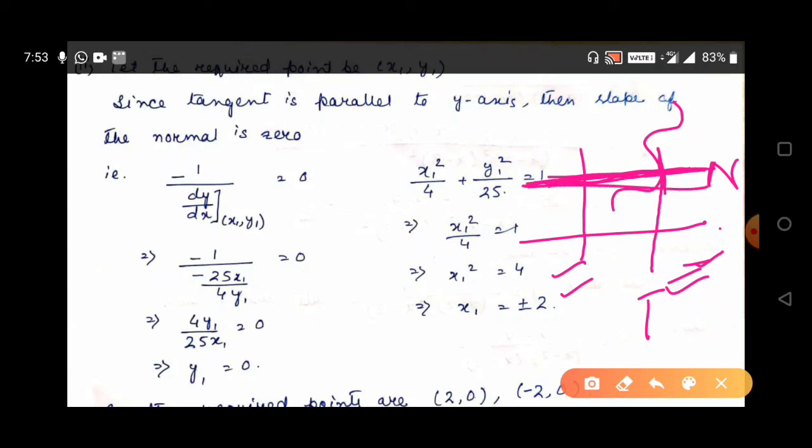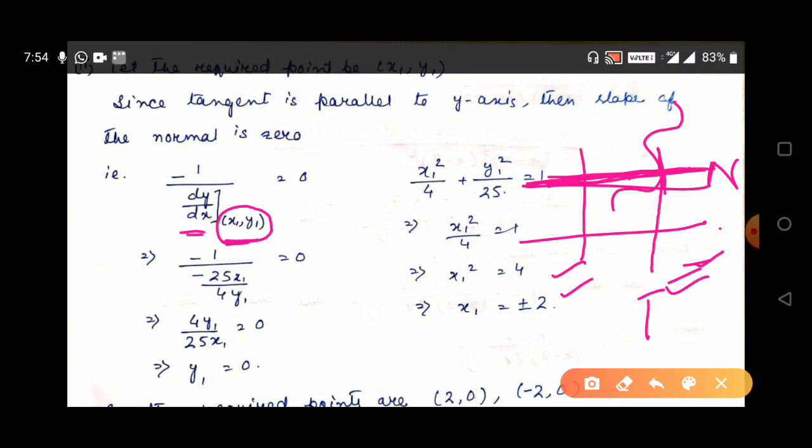If the normal is parallel to x-axis, then the angle between normal and x-axis is 0. So the slope of the normal will become 0. Slope of the normal can be written as minus 1 by dy by dx at the point x1 y1, where x1 y1 is the required point. I am repeating. Here we have to find the points where the tangents are parallel to y-axis. So first of all we have to assume the required point is x1 y1.